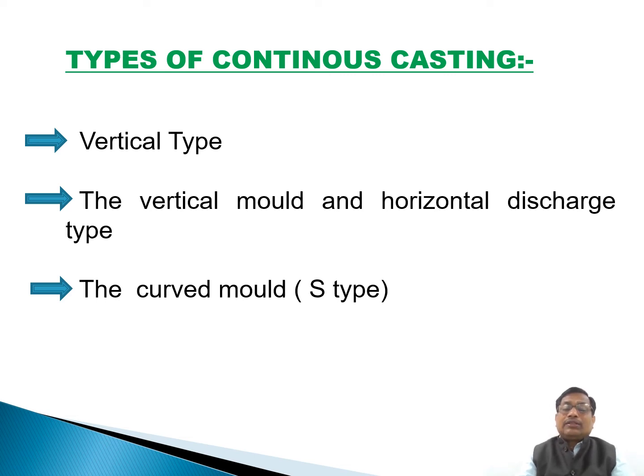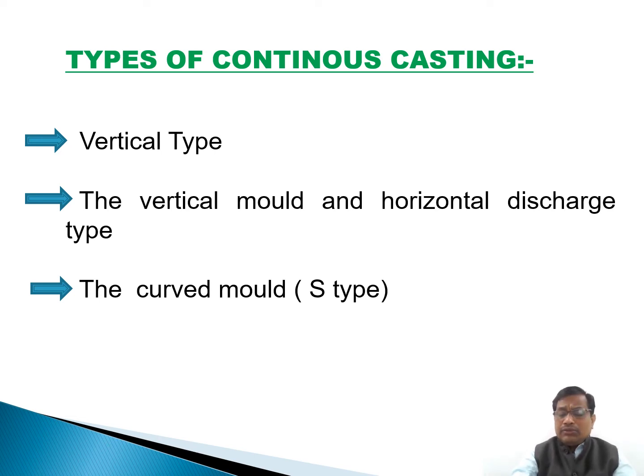So the second concept came, the vertical mold and horizontal discharge type. The mold box is vertical, and we put the molten steel in a vertical mold. But once the product comes out, we provide a bending roll, which bends the material into the horizontal position, so that the shop height can be reduced.